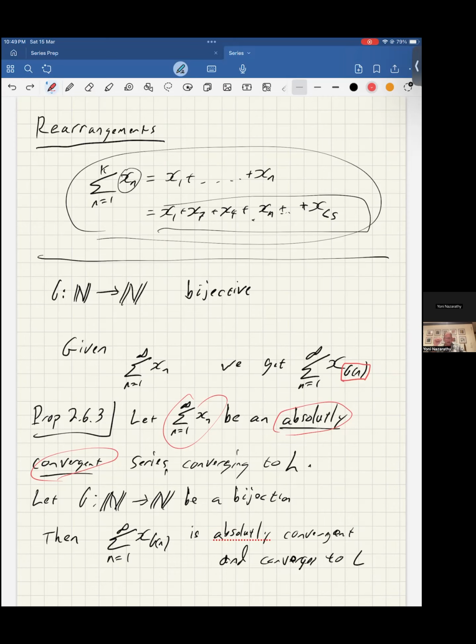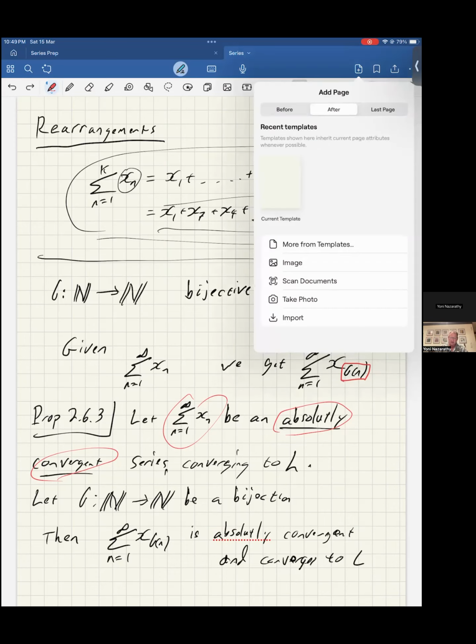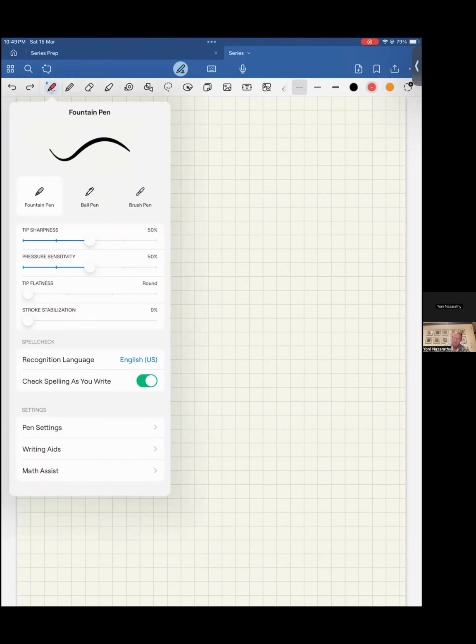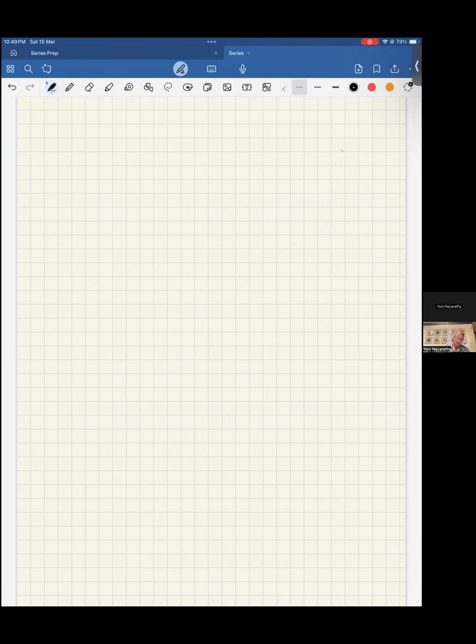And I'll finally say, just as a point, that I'm not going to say this is a theorem or anything like that. Note that for conditionally convergent series, this proposition does not hold.